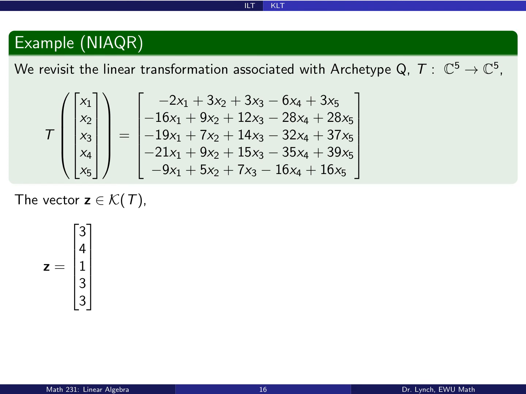So here's an example, revisiting this example from archetype Q. We'll have a look at this element Z. We can show quickly that T of Z is equal to 0. Since the transformation T has a non-trivial element of the kernel, we see that the transformation T is not injective.